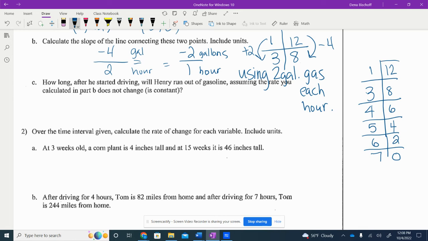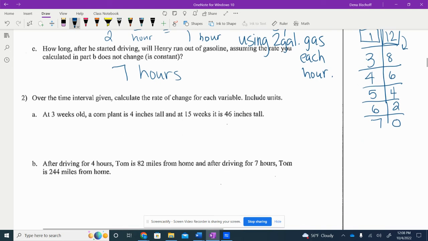Because when you divide by 2, your rate is not a division problem, it's a subtraction problem. And when you subtract 2 each time, you have to remember that that wasn't when you started at 0. That was after 1 hour of time. So you would have had to add 1 hour back into that. So maybe make a table for that one. It's 7 hours that he'll run out of gas.